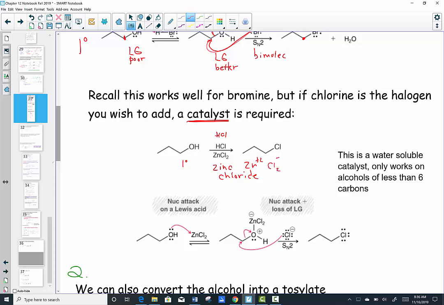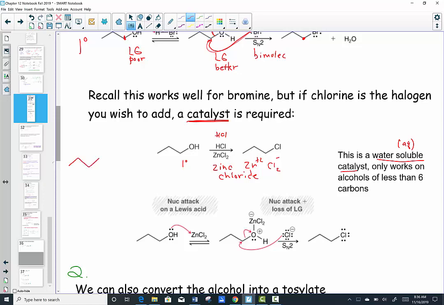So when we crisscross, we come up with ZnCl2. I emphasize that because the catalyst is a salt, it's water soluble. It must be in an aqueous solution to make this occur, just as the acid is, HCl. And so we have a limit to how efficient this is just based on the alcohol's solubility. So in the first section, we talked a bit about the physical properties of alcohols.